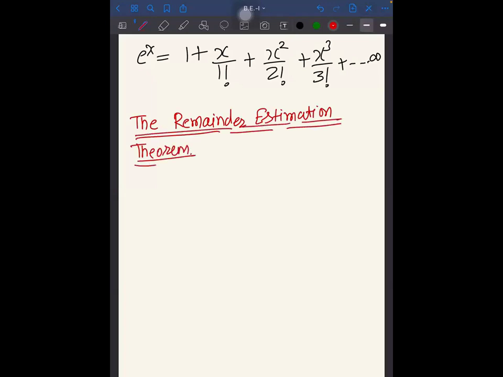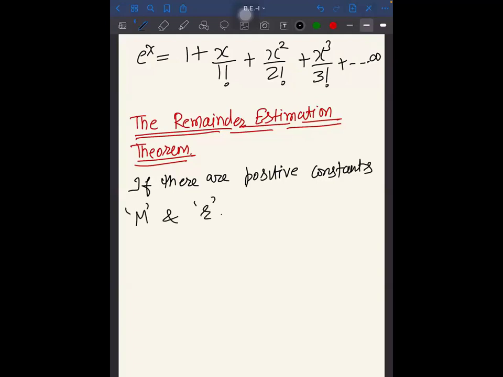And what is that remainder estimation theorem? Let me explain this. If there are positive constants, two numbers M and R, such that the absolute value of f^(n+1)(x) is always less than or equal to M R^(n+1).